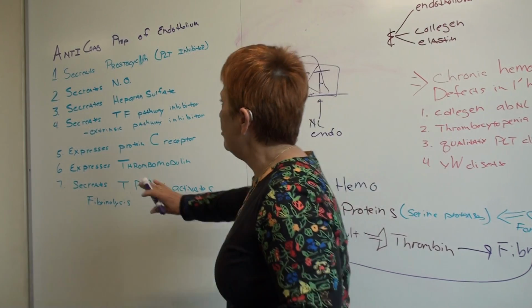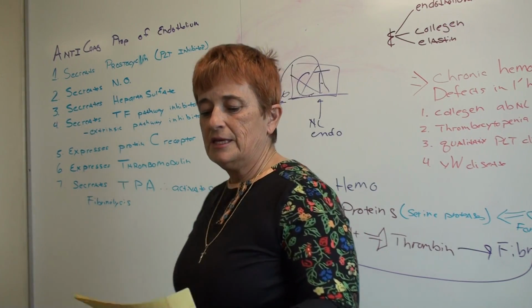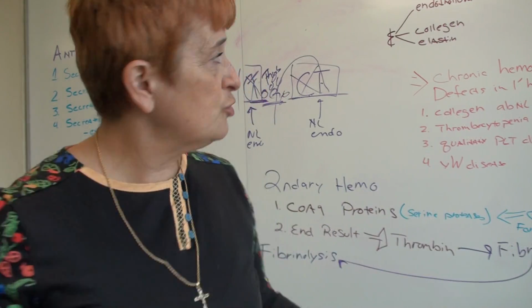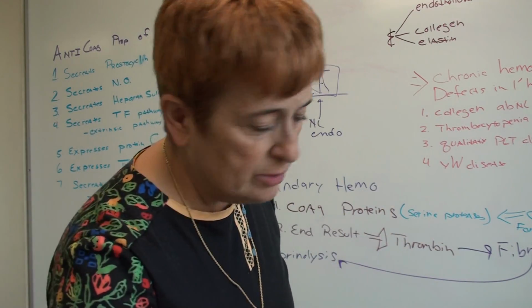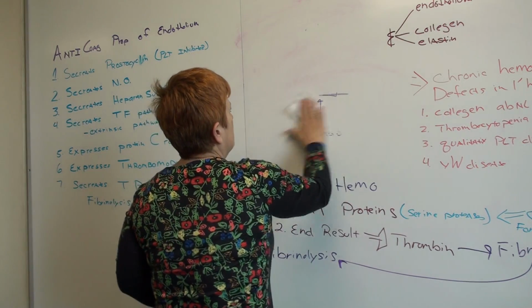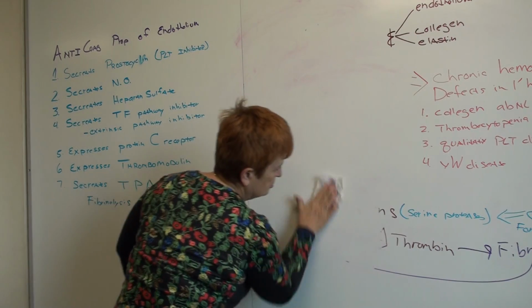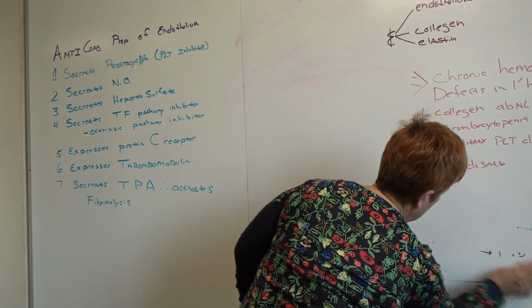Okay, so this was the normal. Well, what happens if it's damaged, right? So if it's damaged, let me come over here again. So let me kind of erase this here. What's going to happen if it's damaged?